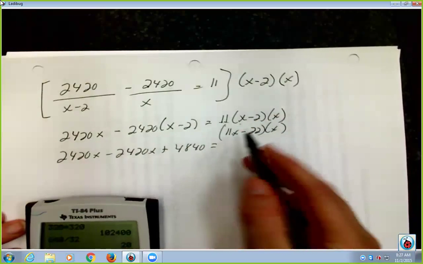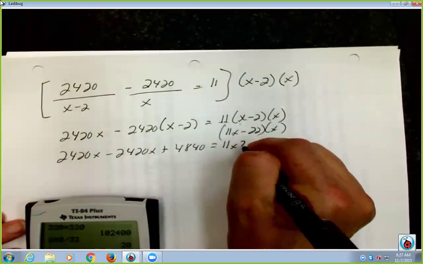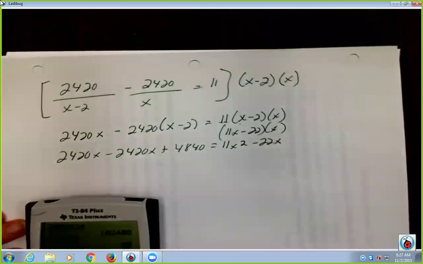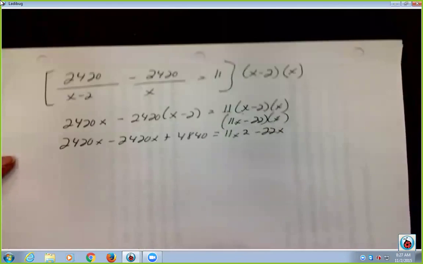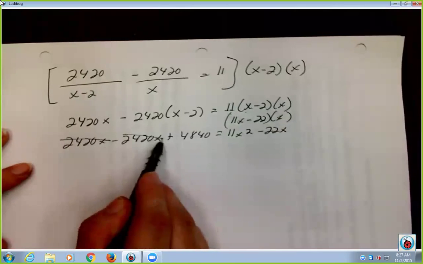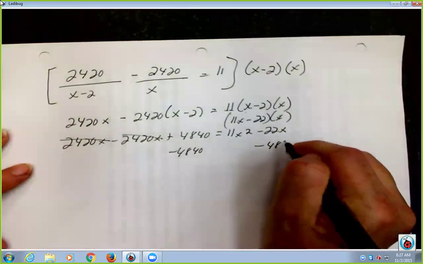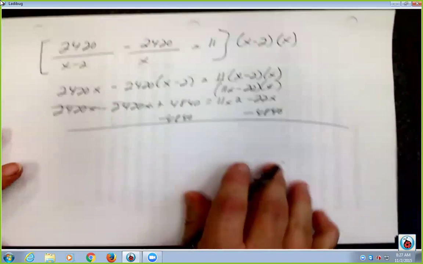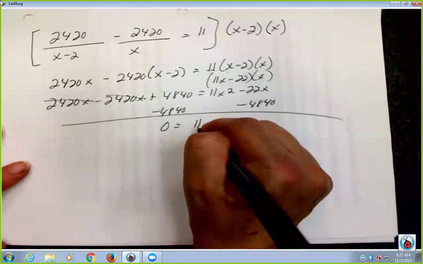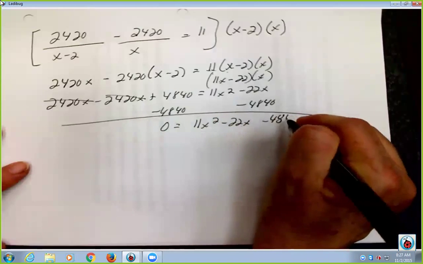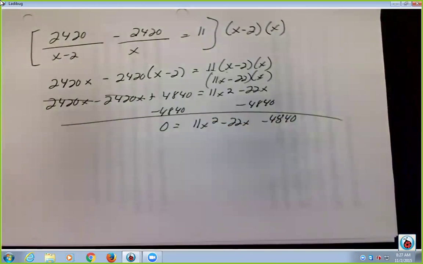So x times 11x is 11x squared. X times 22 is minus 22x. And so then I can end up getting it all on one side. These two cancel out. So I subtract 4,840 from both sides, and I'm left with 0 is equal to 11x squared minus 22x minus 4,840. So far, so good.